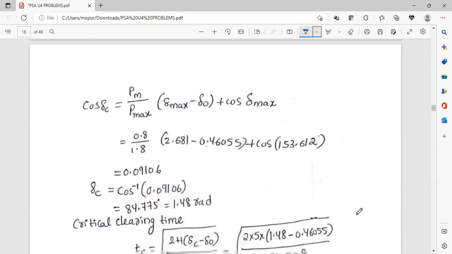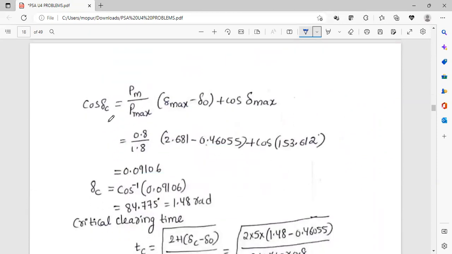Now the formula for the critical clearing angle, del C. This is the formula for the first application, when the fault is at the sending end. For the critical clearing angle, cos del C is equal to Pm by P max into del max minus del naught, plus cos del max, where del max, as we just found out, is equal to pi minus del naught.